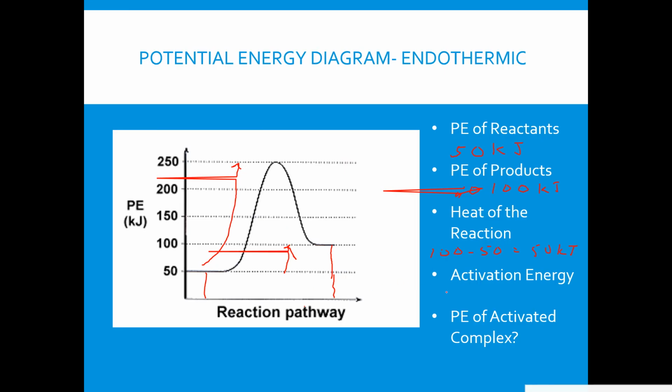If I take the top of the hill, which is 250, and subtract from it 50, I get that I need 200 kilojoules of energy to be put into the reaction before the reaction takes place. Up at the tippy top, this shows the activated complex, and the potential energy of the activated complex would be that 250.